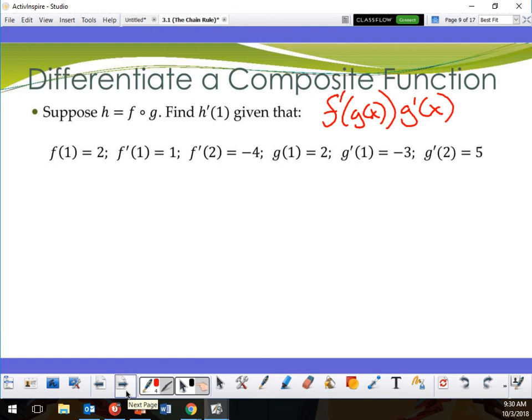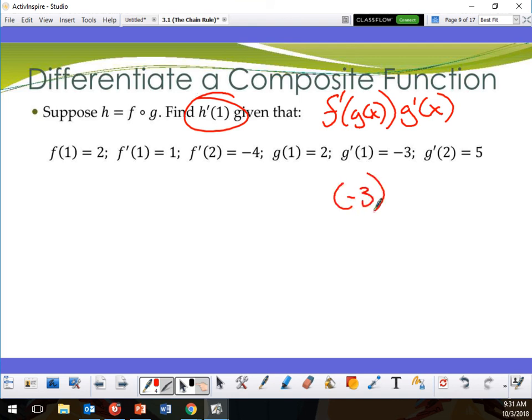All right, so first, let's take a look. What is g prime of x? Let's go find g, because I'm trying to find it at 1. So what is g prime of 1? Negative 3. Very good. So I'm going to have a negative 3 here.